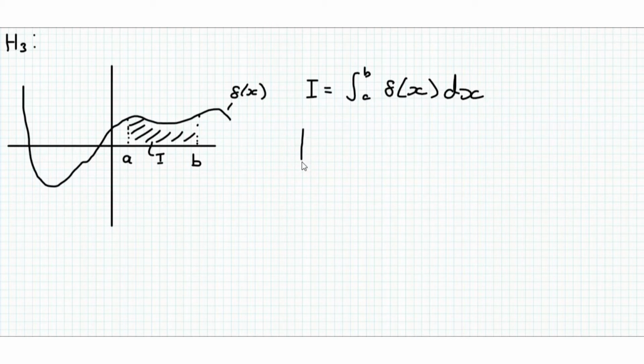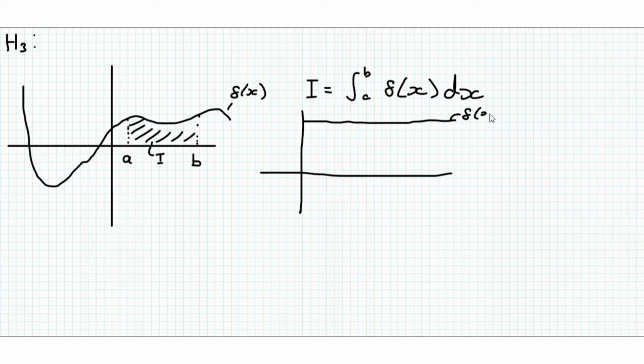The only other thing in H3, I'll just do a quick freehand sketch. If we've got, for example, let's say a function f of x. Just ignore the terrible drawing. But this f of x can be any function, but it's just in this case a constant function. But this is just a drawing, so it wouldn't always be.